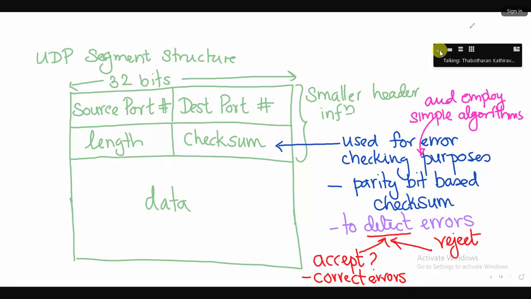So typically, they are simple, and UDP does not employ error correction mechanisms.